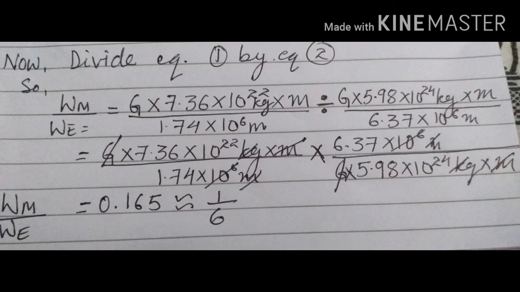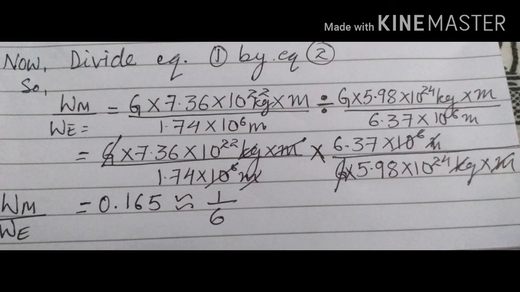Now in the next step you have to change that divide sign to a multiplication sign, and then the fraction becomes reciprocal. The numerator you write in the denominator and the denominator in the numerator.